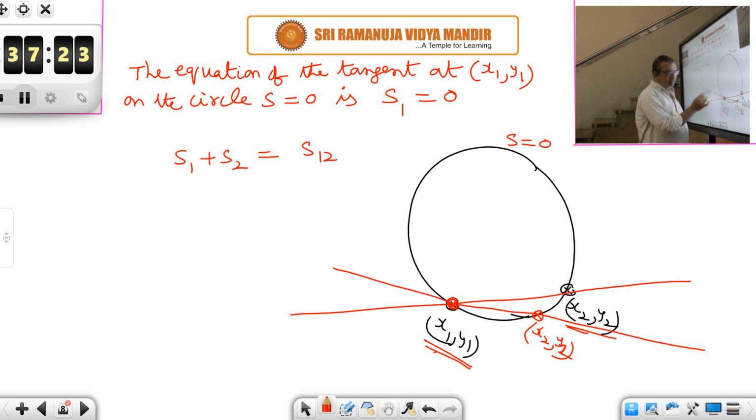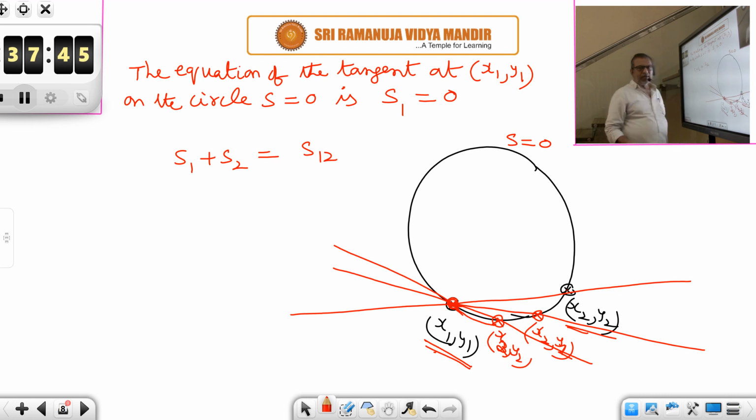Now the new chord. So x2, y2 has come closer still. Then the chord will change. Is it not? So as x2, y2 approaches x1, y1 and finally coincides with x1, y1, the chord joining the 2 points tends to a limit, and that limiting line is called the tangent at the point x1, y1.